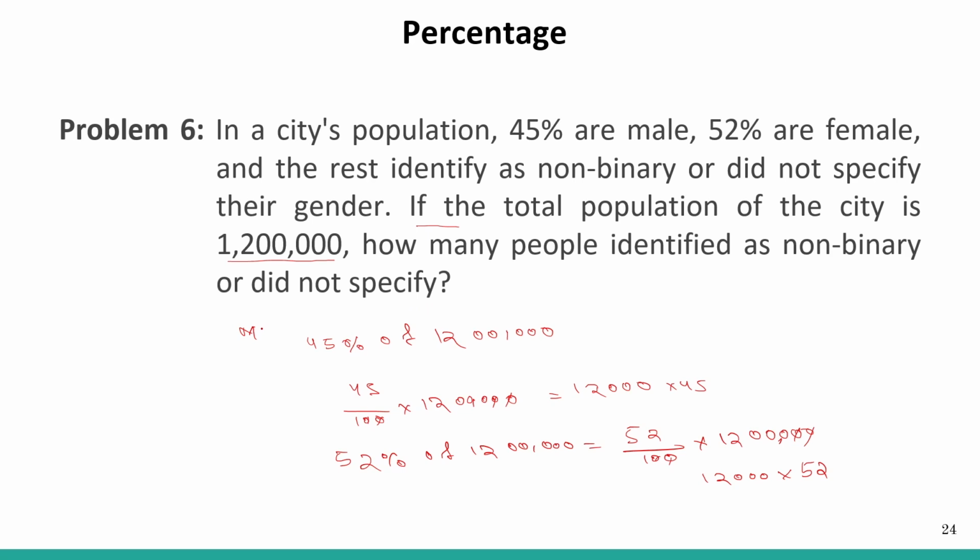Let's say this one is method number 1. So in method number 1, we will calculate the total of males and total of females, and then what we do is we add them up and subtract from 12 lakh. So 12 lakh minus total male minus total female.